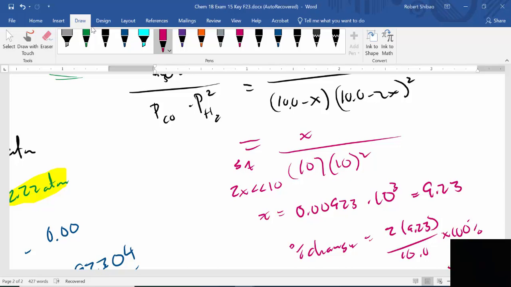X is 9.23. And then we calculate the percent change. The percent change is 2x, which is our change here, the bigger one, not the smaller one. So we do 2x divided by 10. Sometimes people accidentally do the smaller one, and it comes below 5%, whereas the bigger one comes above 5%, but they should always pick the bigger change.